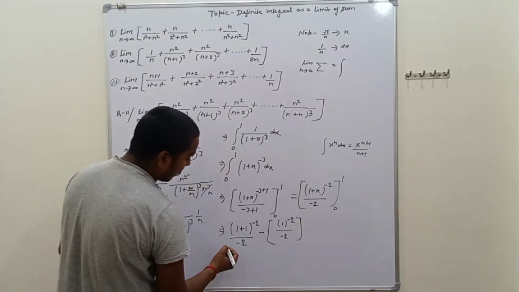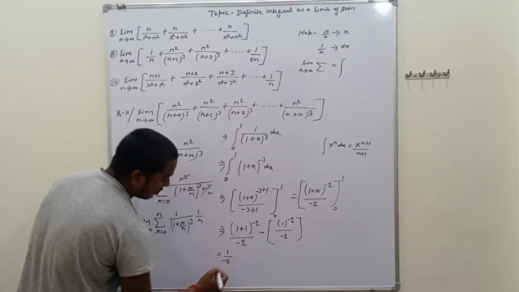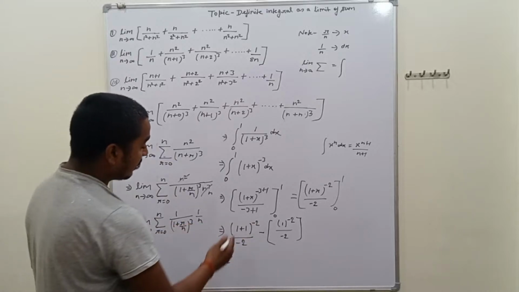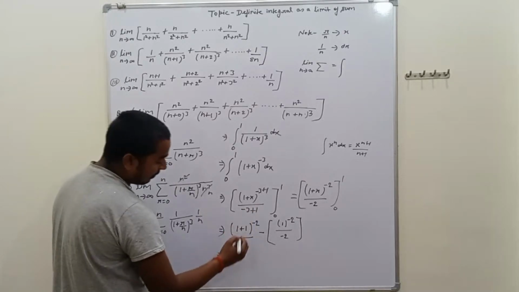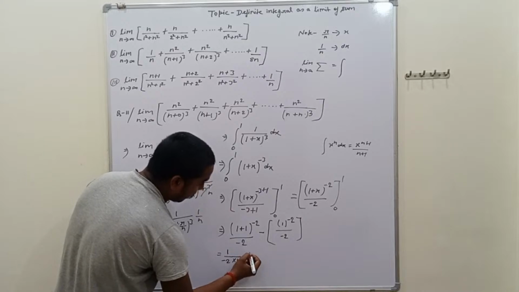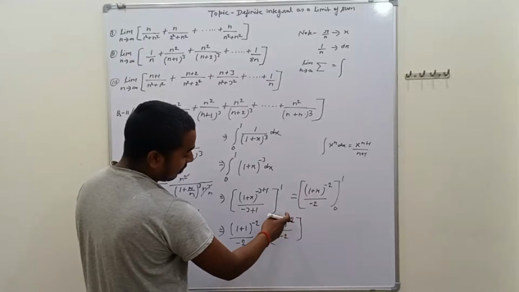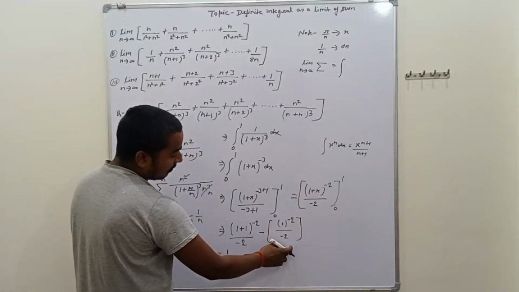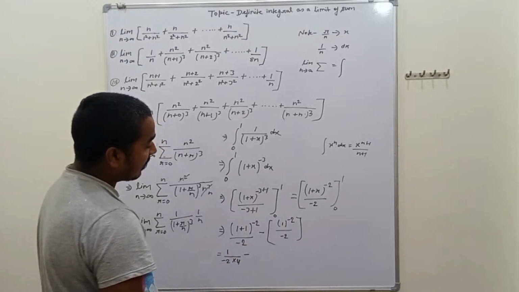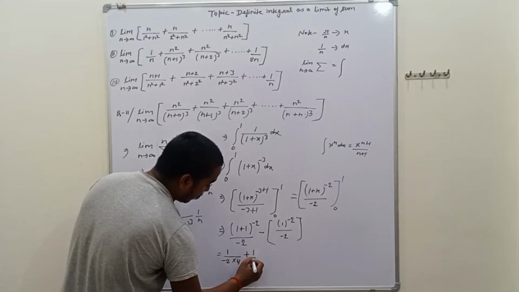On further solving, that is minus 1 by 2, and 1 plus 1 is 2, 2 to the power minus 2 taken into the denominator, that is 2 to the power 2 is 4, 4, minus, and from here 1 to the power minus 2 is taken into the denominator, that is minus 1 to the power minus 2, that is plus 1, and minus of minus is plus, that is 1 by 2.